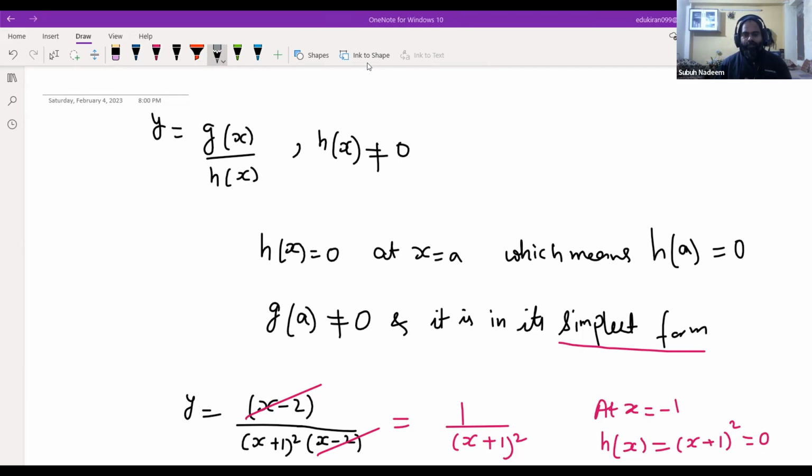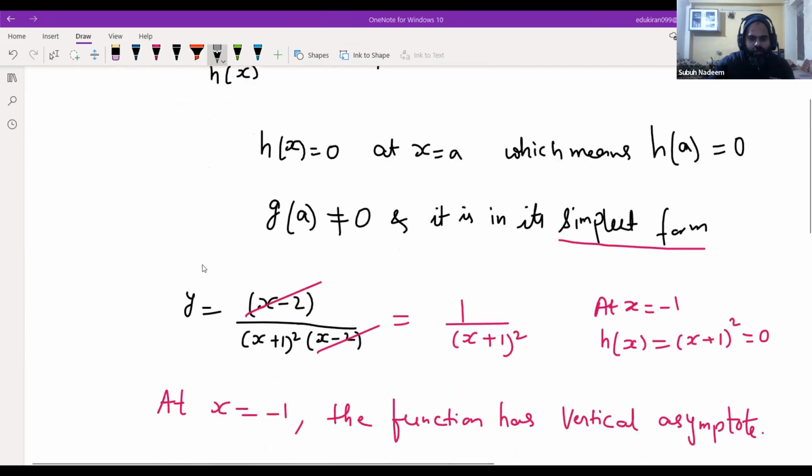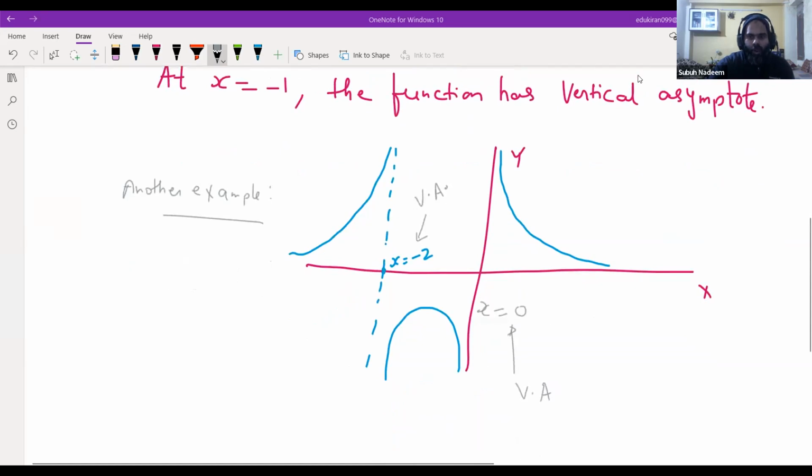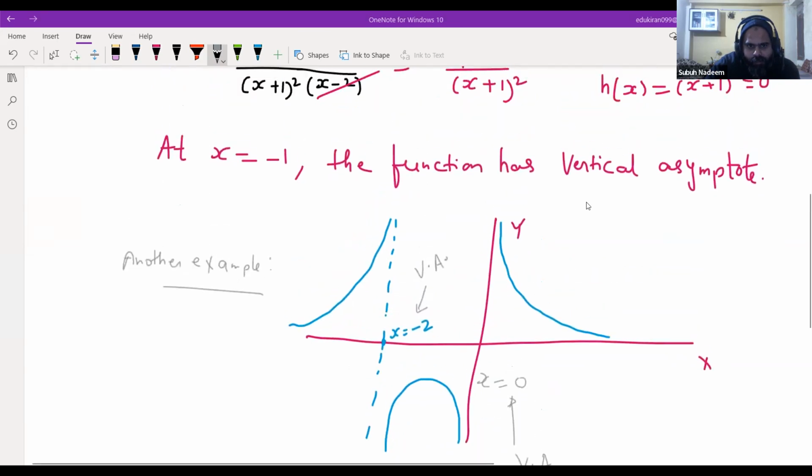Yeah, done, sir. Can you scroll down? Yep. A bit up, sir. I didn't write that equation. Sorry? Can you go a bit up? I didn't write the y equals.